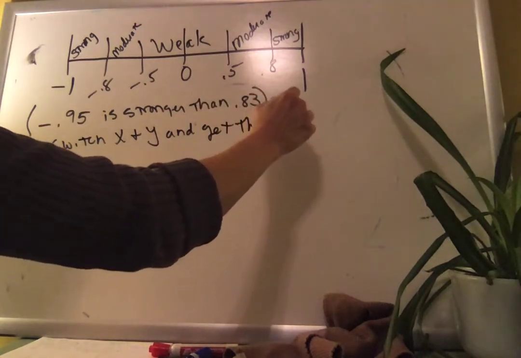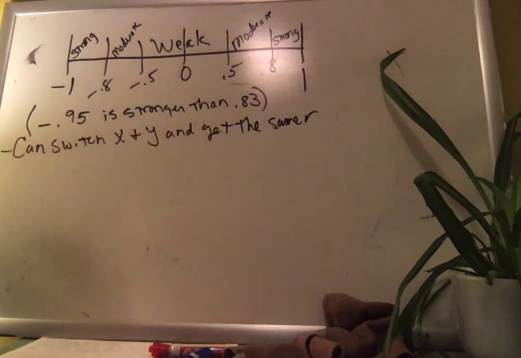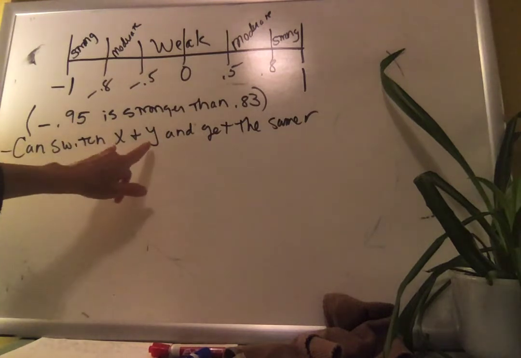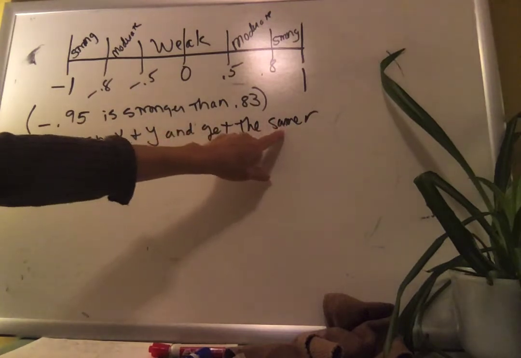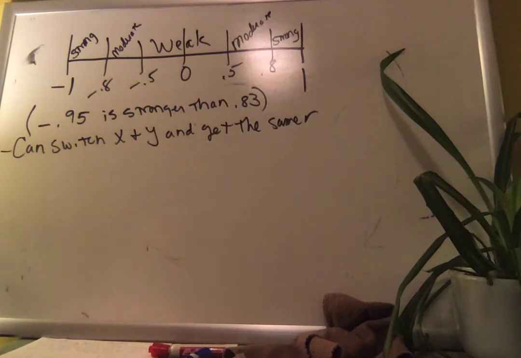Now here is something that is true. It has some pros and cons to it. Part of all these word problems we're going to practice, you're going to have to identify which is the x variable and which is the y variable. And if for some reason you got them backwards, you would still get the same R, the same correlation, the same strength of the relationship.